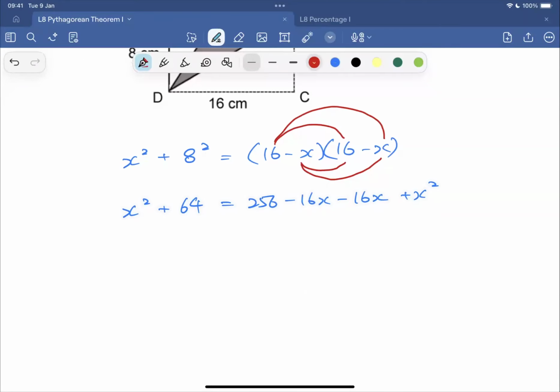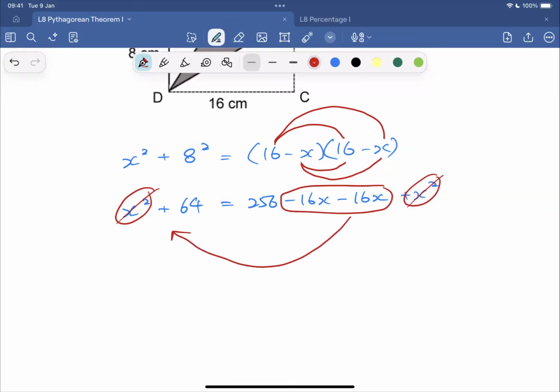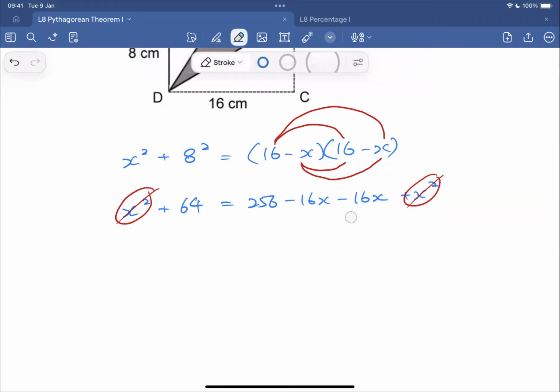Now, immediately you can see x squared here. Cancel them out. We can remove them from both sides. Then, let's add this together. Okay, this is minus 32x. But if you bring them over to the other side, it will become positive.